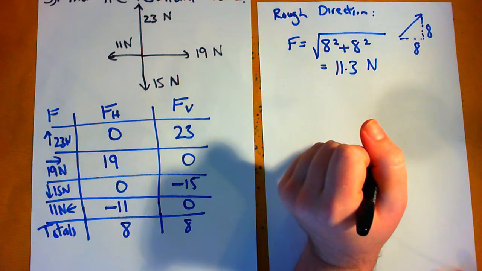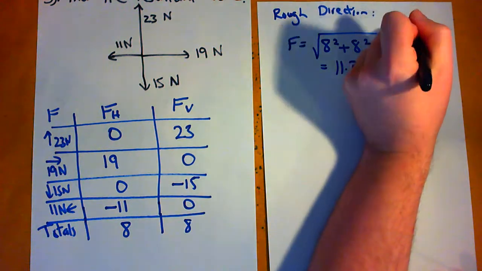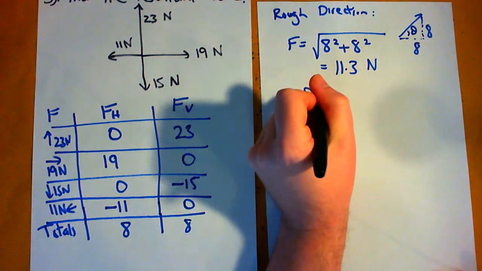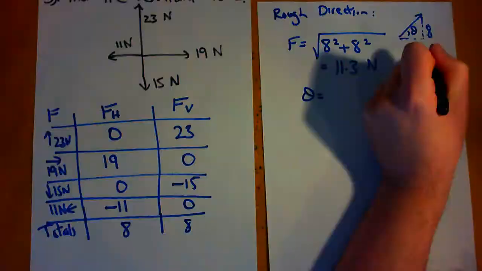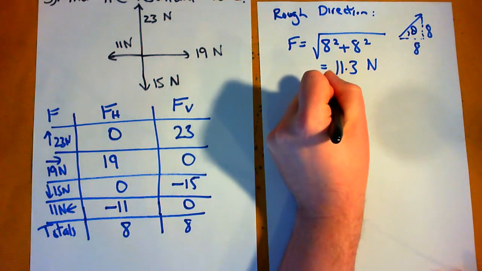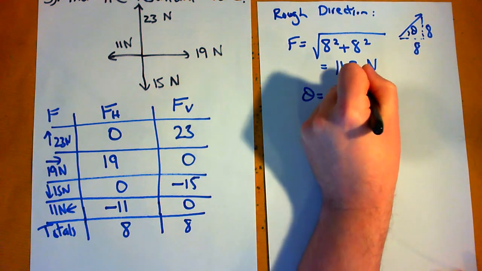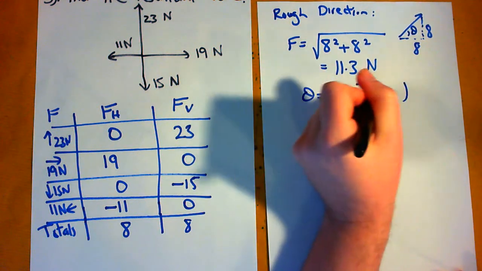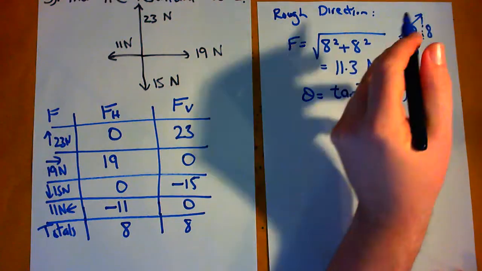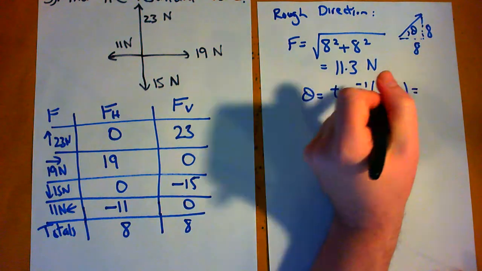Now we need to work out its direction, so let's find an angle. Let's find the angle with respect to the horizontal. Theta is going to be, we know the opposite and the adjacent side of that triangle, so we are going to use tan. We're finding the angle, so we're using inverse tan, of the opposite, which is 8, over the adjacent, which is also 8.